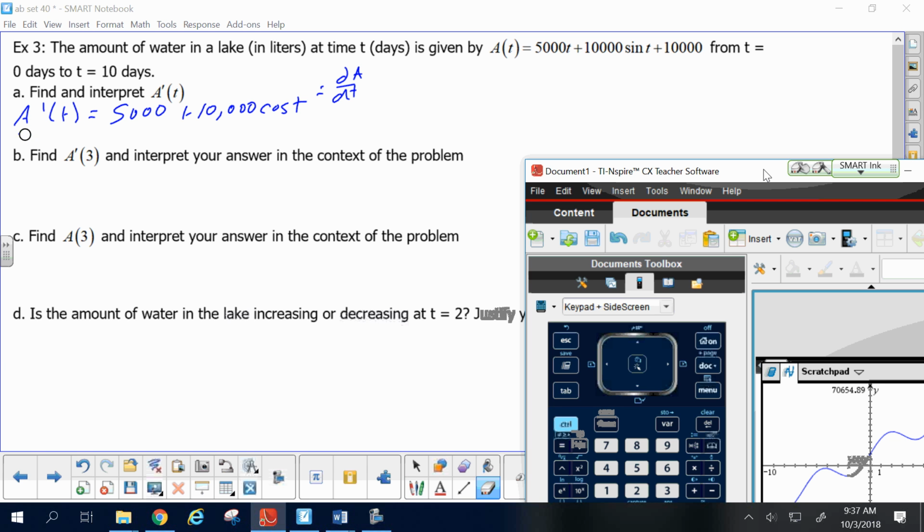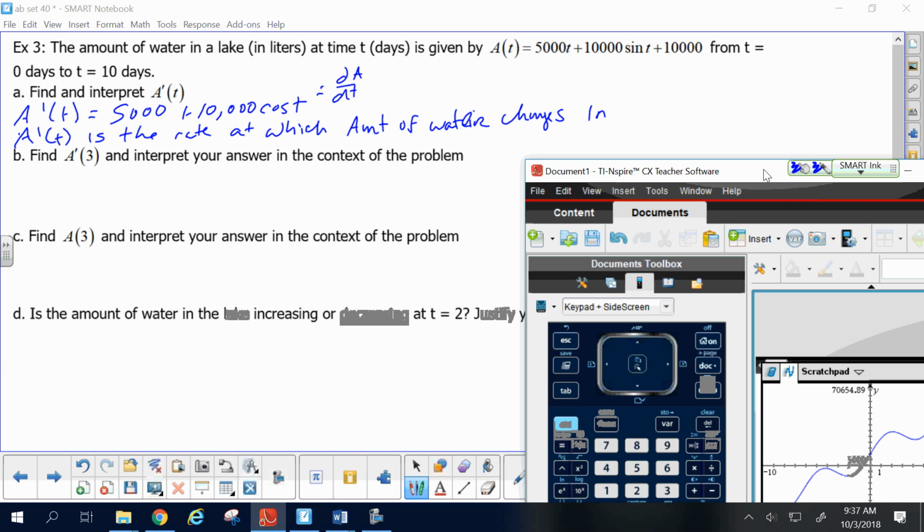Actually, I should start with A prime of t is the rate at which the amount of water changes in, and then the units.